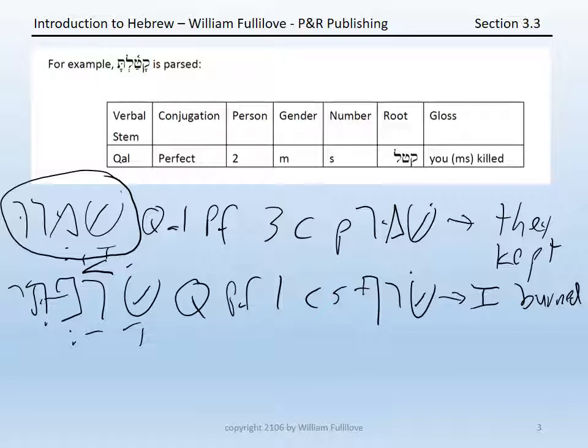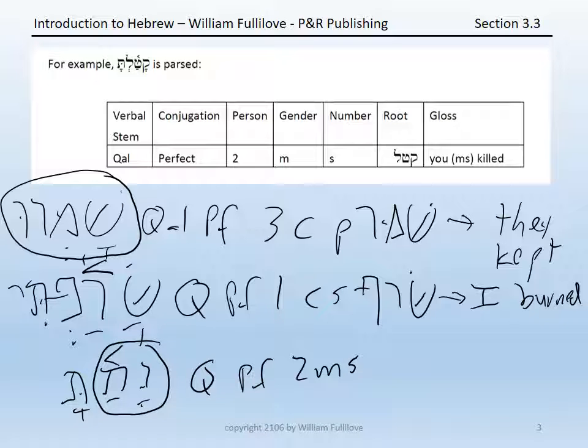If I had natata, I would have a Qal perfect, in this case, second masculine singular. Now I can see two of the root letters here, nun and tav, but then I see the suffix.